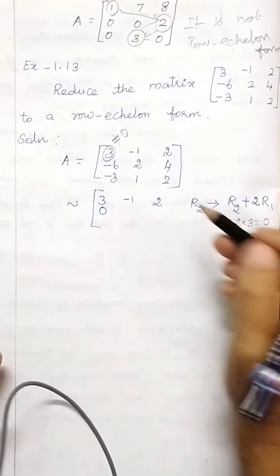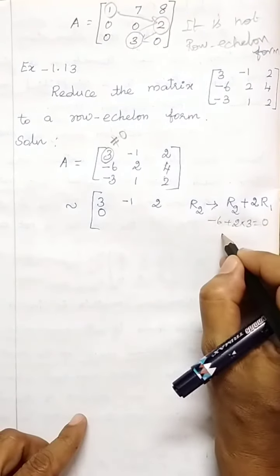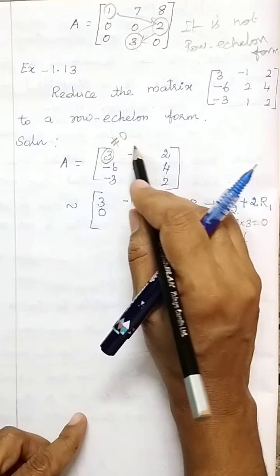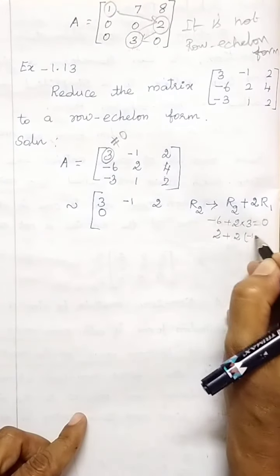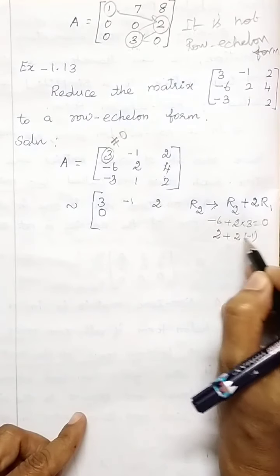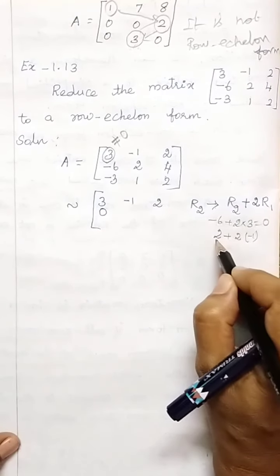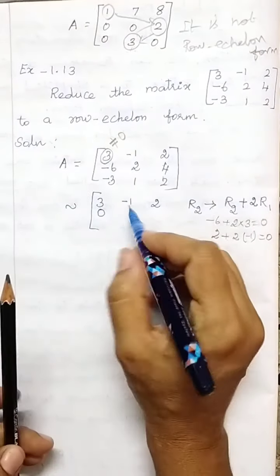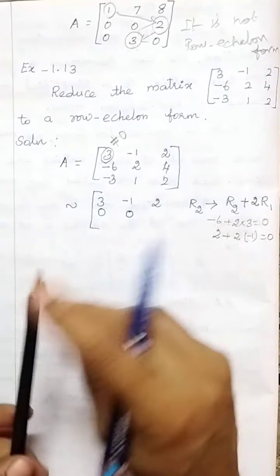Then next, here our R2 value is 2. 2 plus 2 into, here our R1 value is minus 1. So 2 plus 2 into minus 1. 2 into minus 1 is minus 2. So 2 minus 2 equal to 0. So here you put 0.